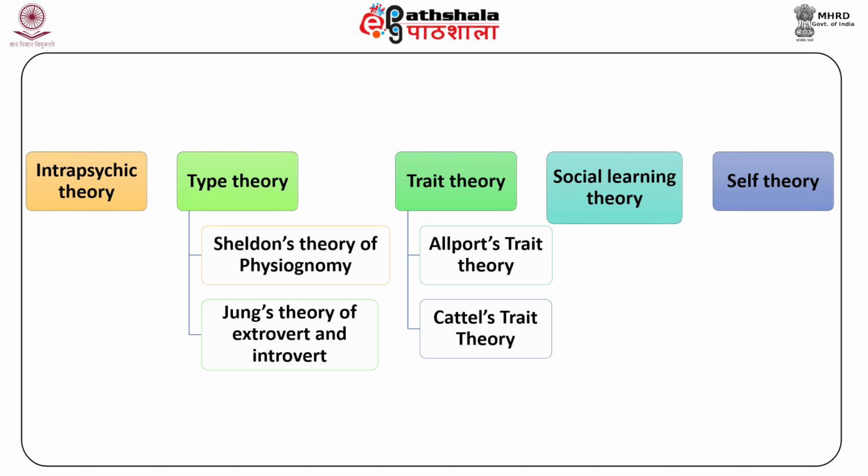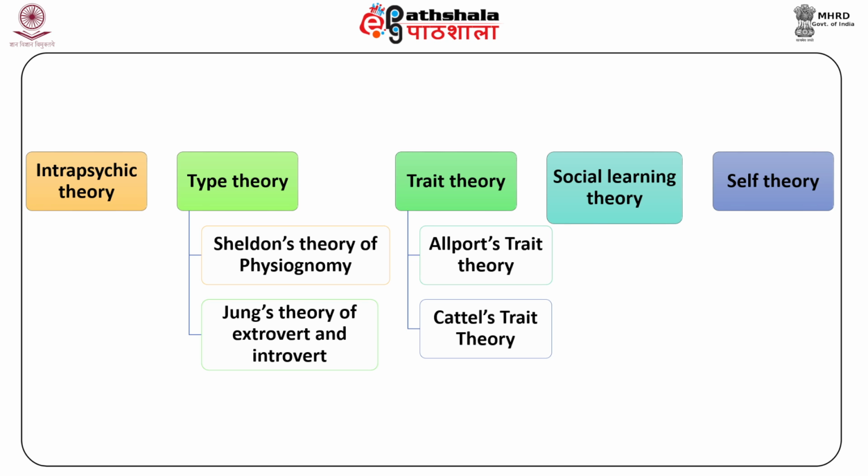Allport's trait theory: according to Allport, human personalities can be compared on the basis of 6 categories of values. These values are social, political, religious, theoretical, economic and aesthetic. All individuals have a mix of these values. Like some may attach high value to economic and low to others, and vice versa.